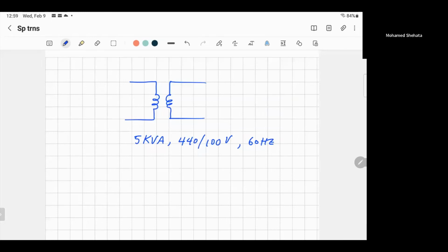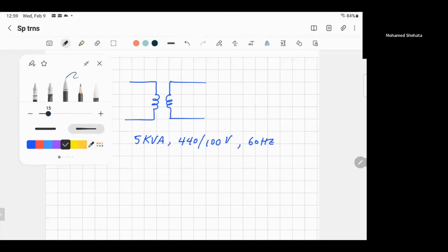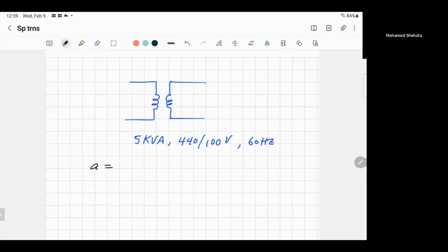So from this you can get the turns ratio. I didn't continue the problem, but you now know how to read the data. So a1 equals N1 over N2, if you feel comfortable, 440 divided by 100, so it will be 4.4. That's the turns ratio. So always the high voltage.